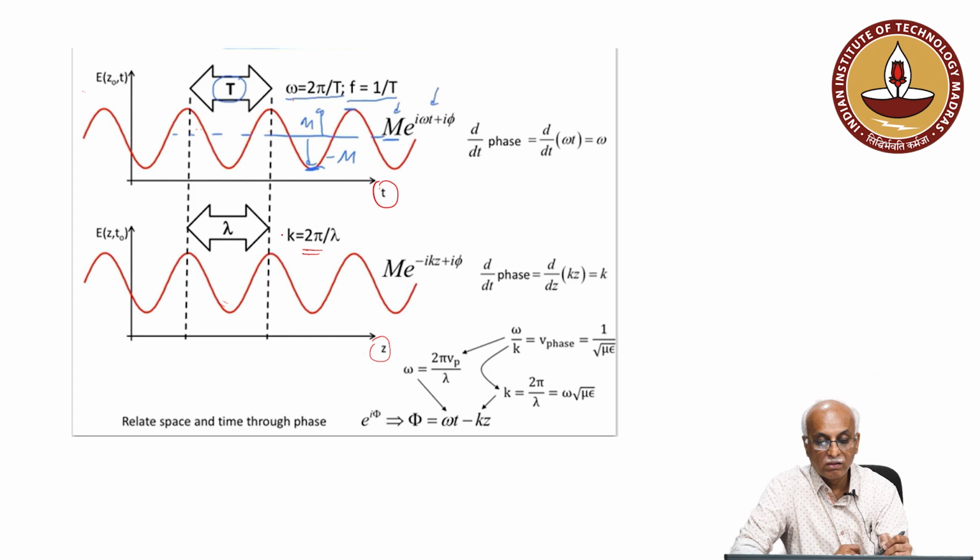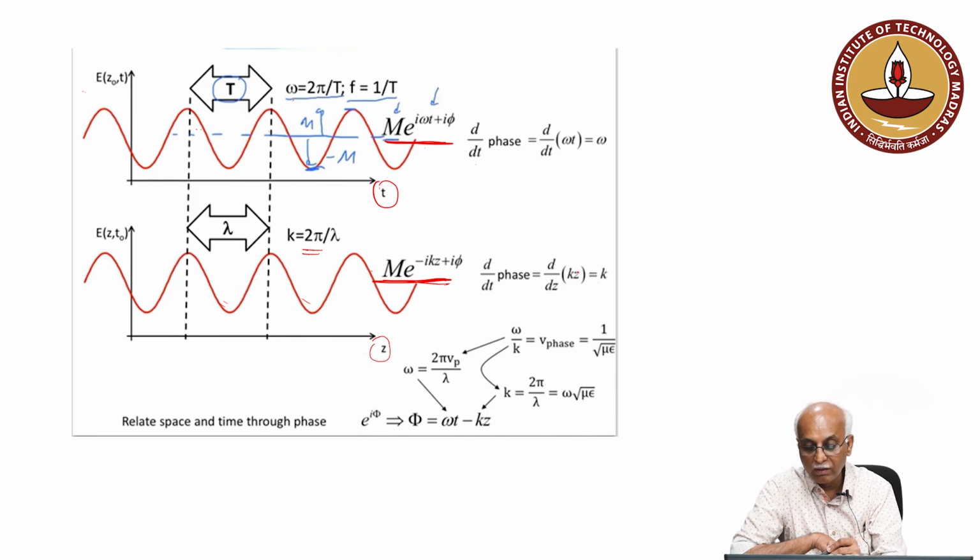Based on the standard equation, E exponent of i(omega t plus phi), we can determine the phase velocity, which gives us the speed with which the phase propagates. The change in phase with respect to time, when we consider the temporal behavior, is omega, and the change in phase with respect to distance, when we consider wavelength, is k, the propagation constant.